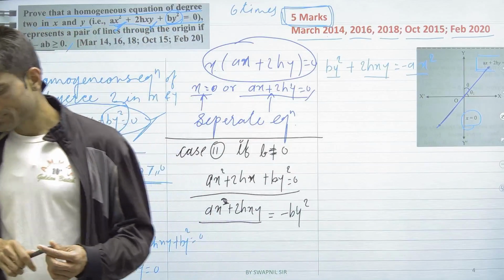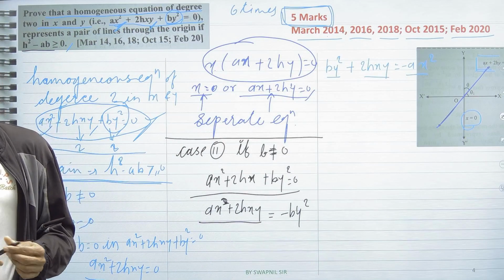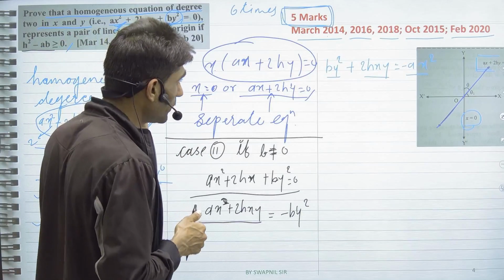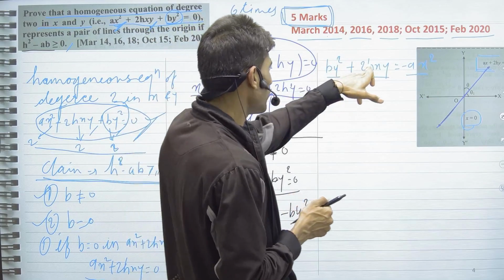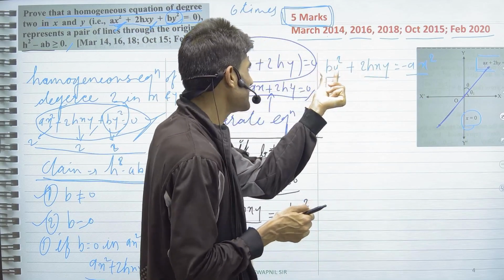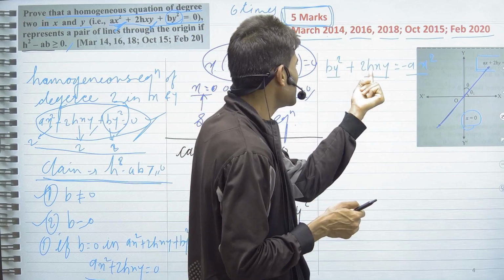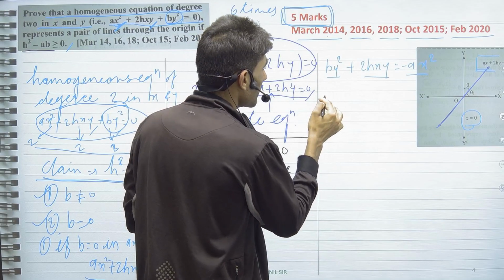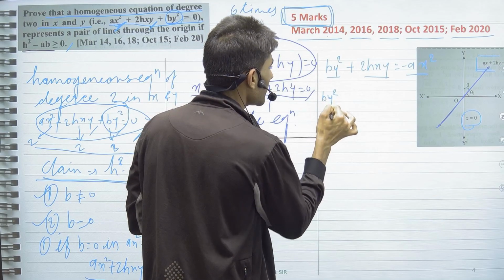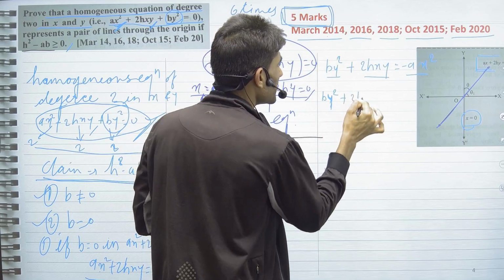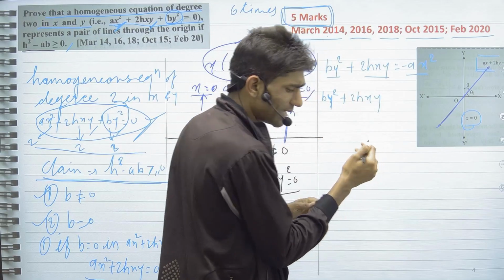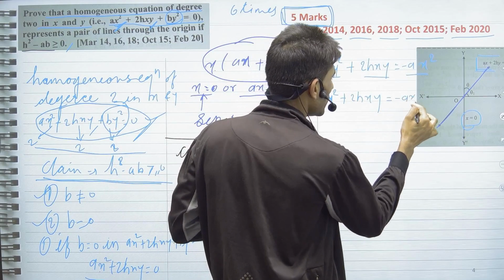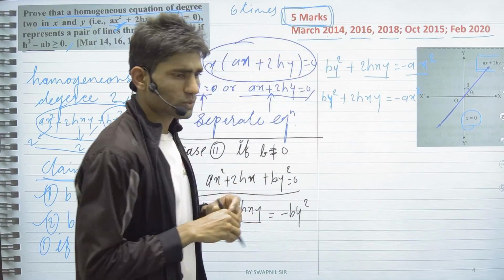If we divide throughout by y, then we will get it in the form of hx. First term is b into y² and second term is h into x. Combine both of them here, so we get by² + 2hxy, which is equal to negative of a into x squared.